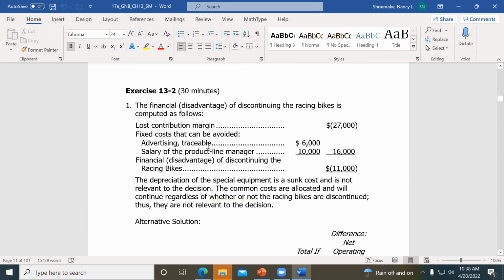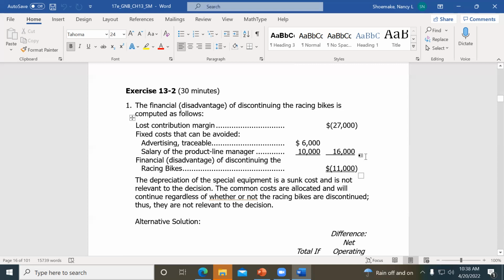Okay, here it is. The financial disadvantage of discontinuing the racing bike is computed as follows. The lost contribution margin is $27,000. The fixed cost that can be avoided would be the advertising and the salary of the product line manager, which we know is 16.